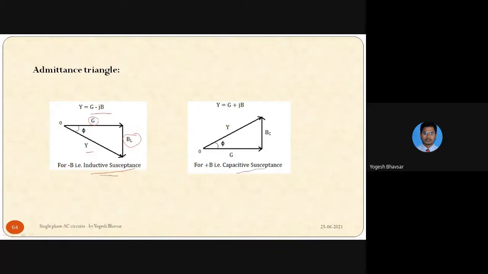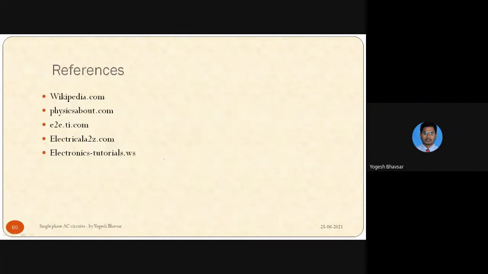For capacitive, Y is equal to G plus JB, where the base side is the conductance, the adjacent side is the capacitive susceptance, and the hypotenuse is the admittance. So this is the admittance triangle for parallel AC circuits. That's all about it.